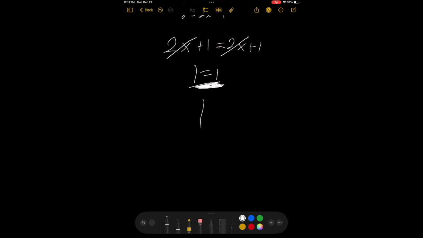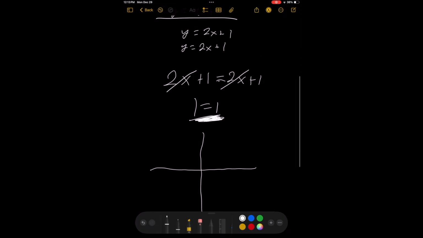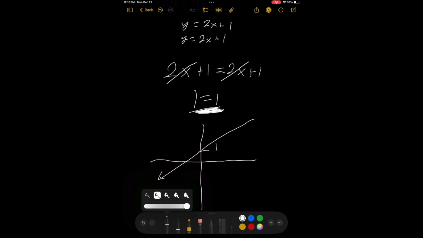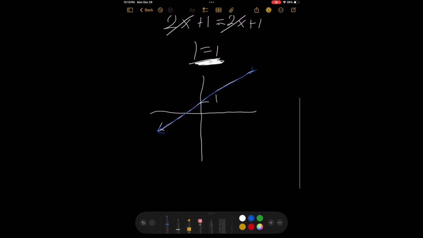And what this means graphically is that the two equations that I just put up here are the same exact line. So you can think about it like the lines just being layered on top of each other. And so they intersect at every single point. So there's infinite x coordinates and infinite y coordinates where they intersect.